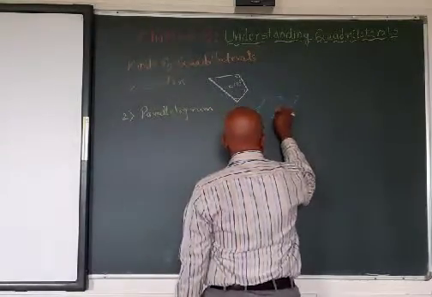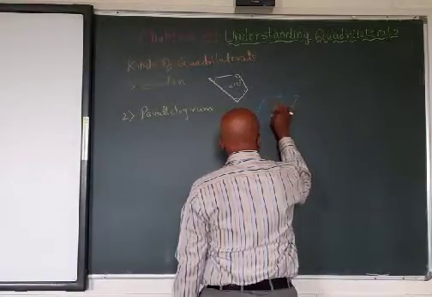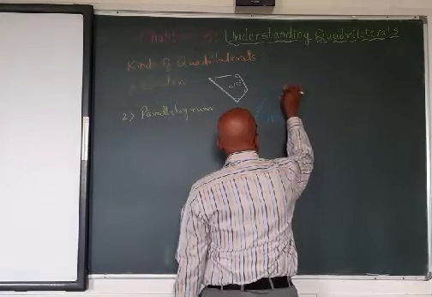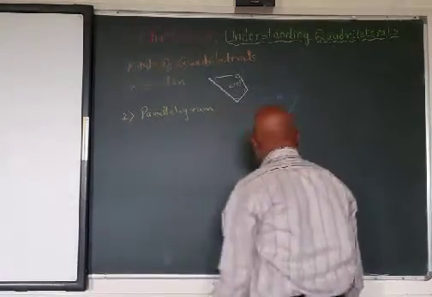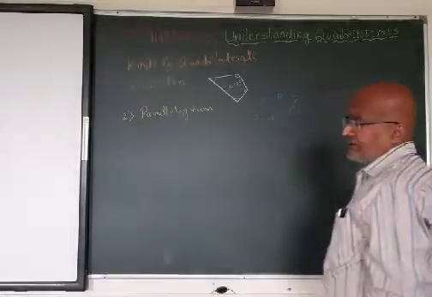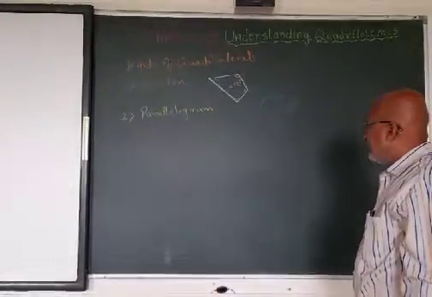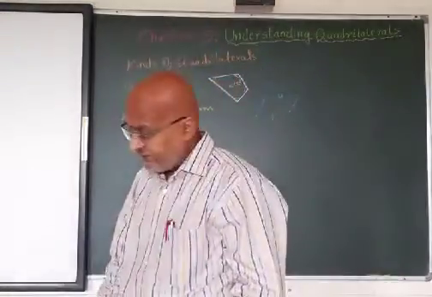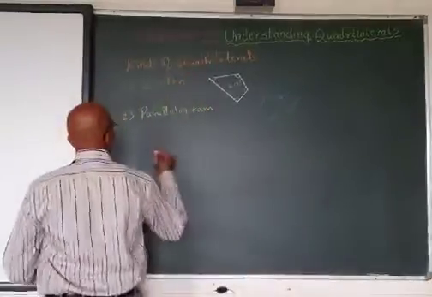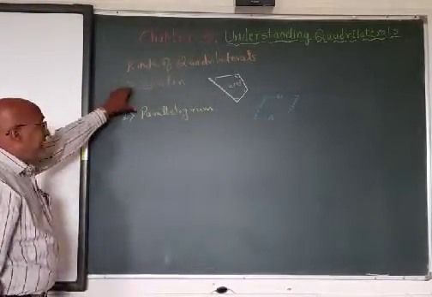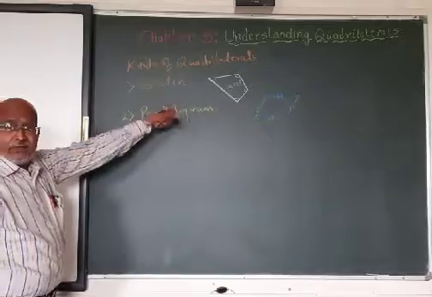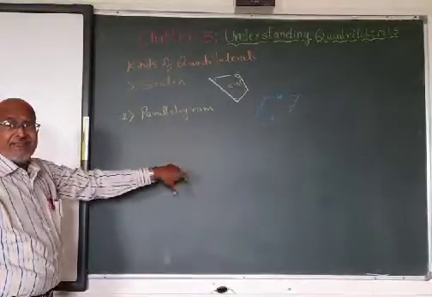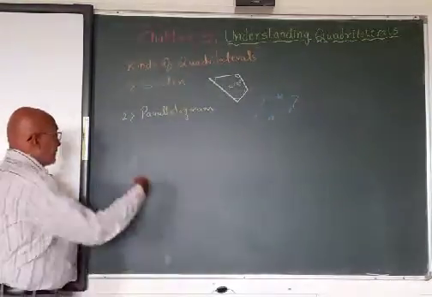The vertical line indicates equal, and arrowheads indicate parallel. So they are equal and parallel. This is known as a parallelogram. Now this is the scalene and this is the parallelogram. The properties of a parallelogram we will understand later.